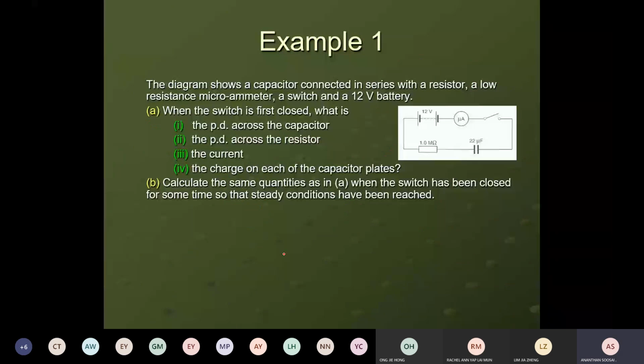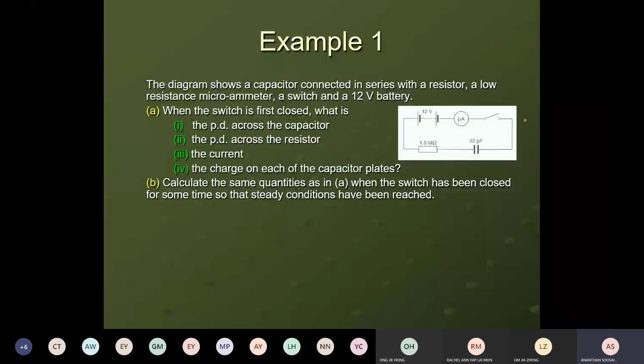Okay, class, one question for you to think about capacitors. Look at this question and let's try to visualize what happens.